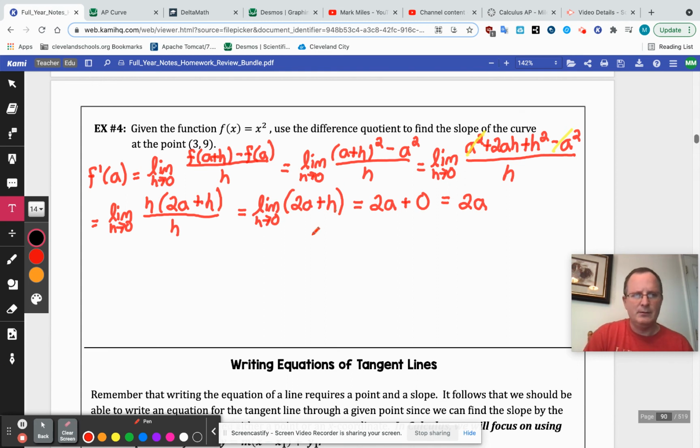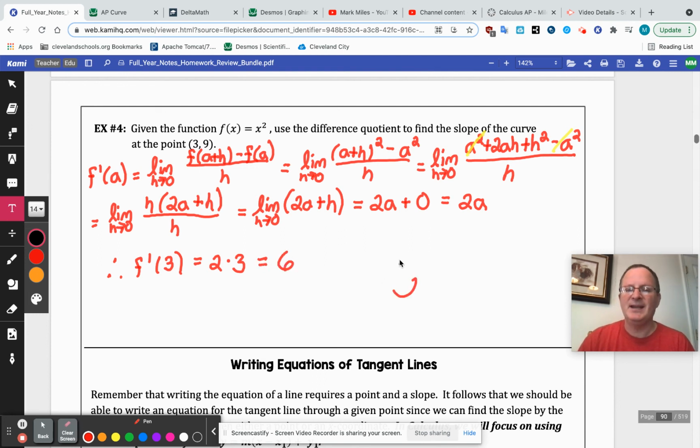We just proved it. It's 2a every single time. So for this particular one, therefore, f prime of 3 is going to equal 2 times 3, and it is 6.